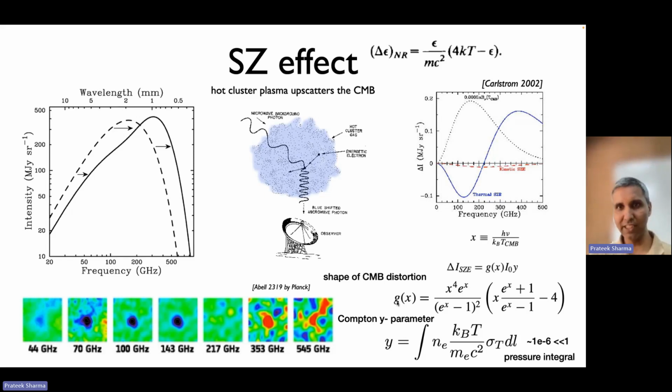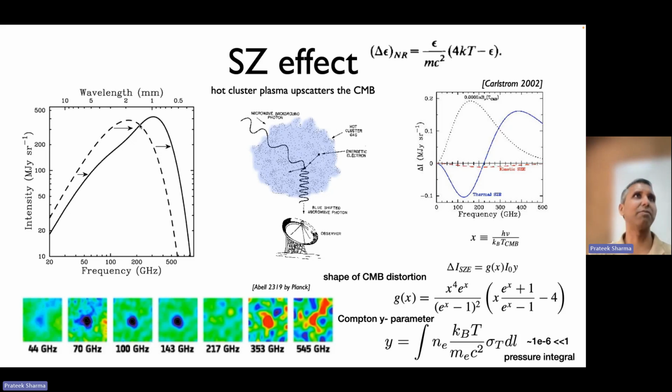This g(x) function is indicated here in the blue line, and x is just h nu by k T_CMB. This is a dimensionless frequency, so it has a universal shape, and this crossover happens at 217 gigahertz.